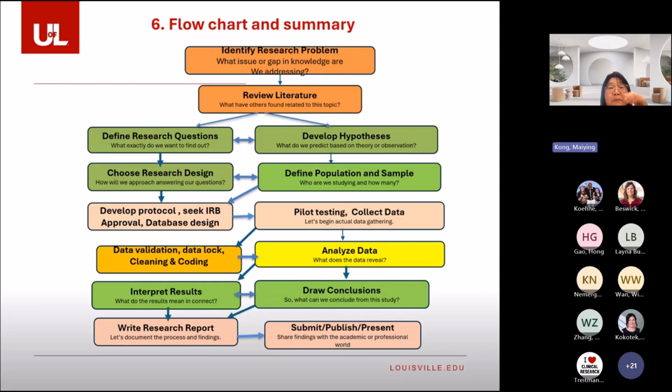So I will wrap up with the flowchart and the summary. That's really it for human subject studies. It is collaborative work among you, the biostatistician, us, as well as the clinical trial unit, involving the protocol builder and database management.